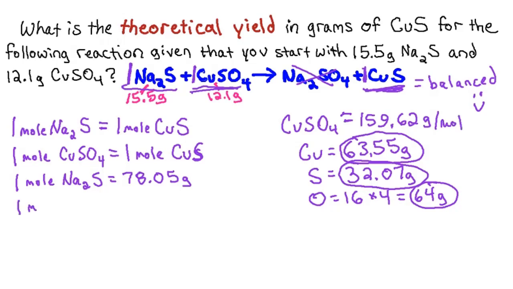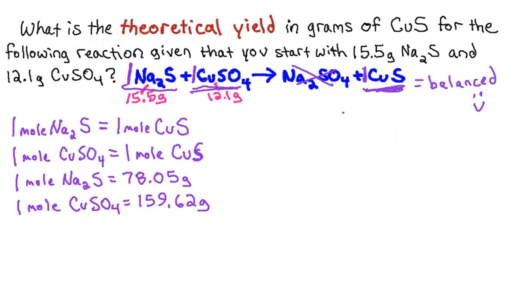So now we can write that in our data table. So 1 mole of CuSO4 equals 159.62 grams. Now, one more time, we need to do the product, the CuS, and find out how many grams per mole CuS has.